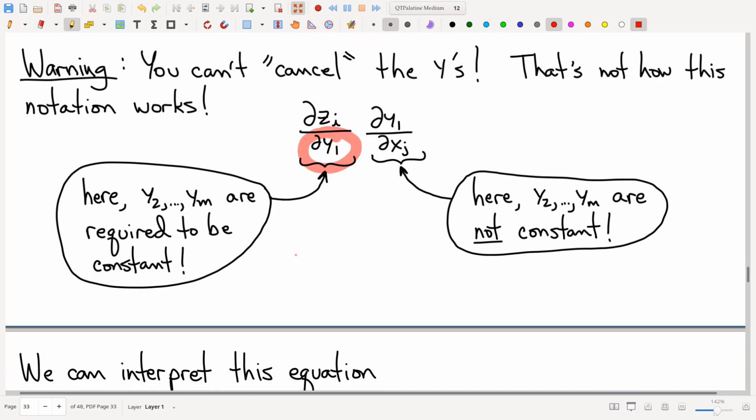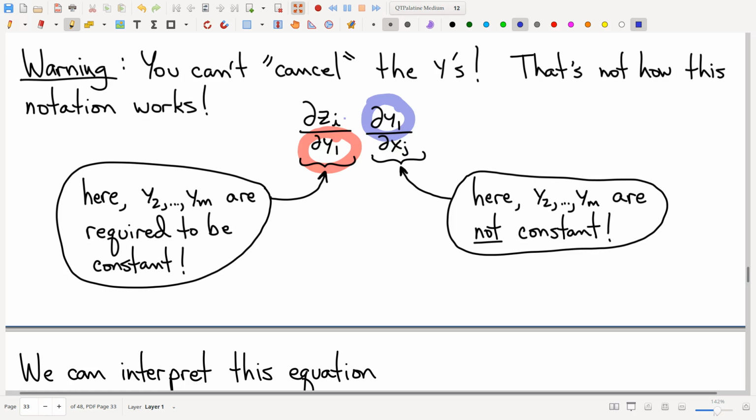It's just not. That partial y1 and this partial y1 are different. In fact, not only are they different, they're not even part of the same story. They live in completely different, contradictory scenarios. You cannot cancel them.